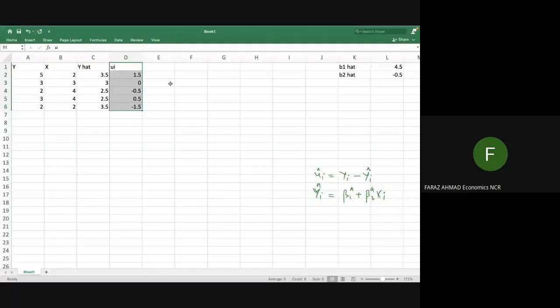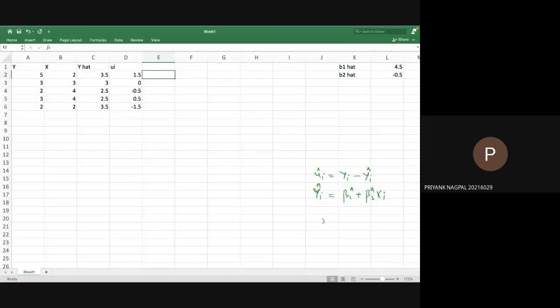Now remember the third formula, which says... Sir, just one small thing. It may be a repetition, but I'm just confirming that yi hat is the estimator of a y value for a given x value in a sample. Exactly.